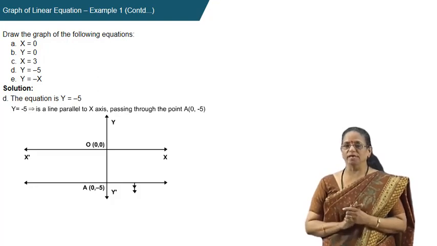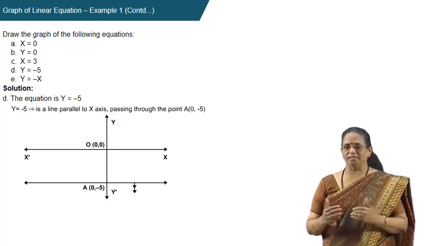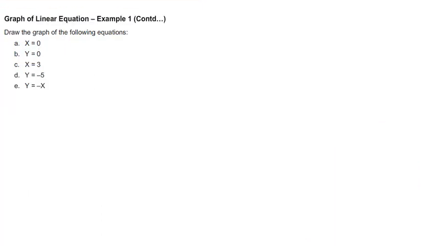If you go downward, it is negative y-axis. So your line or equation y equal to minus 5 passes through the point A (0, minus 5), which is nothing but a line parallel to x-axis passing through the point (0, minus 5). So the next equation is y equal to minus x.